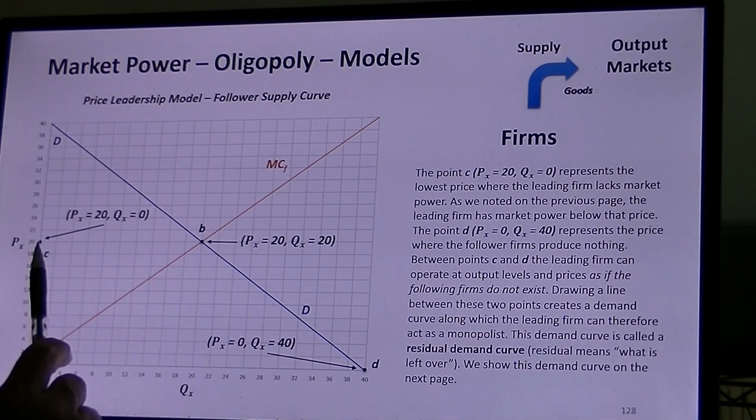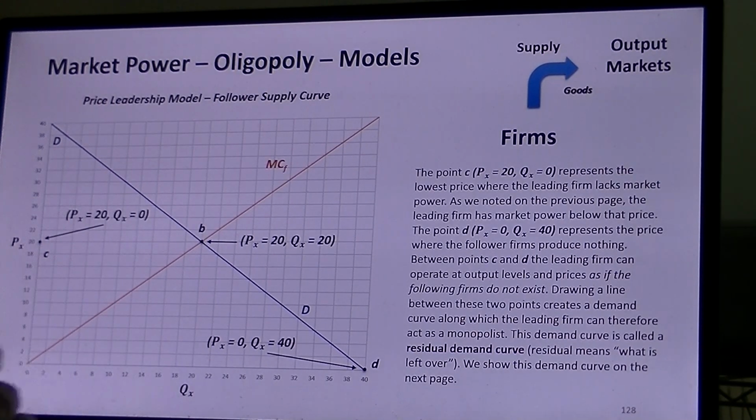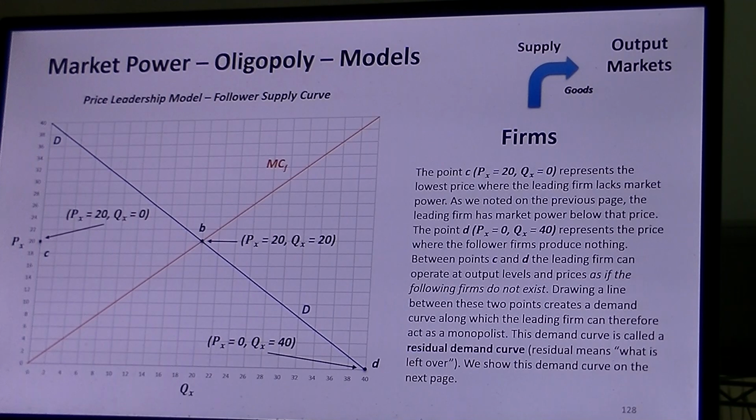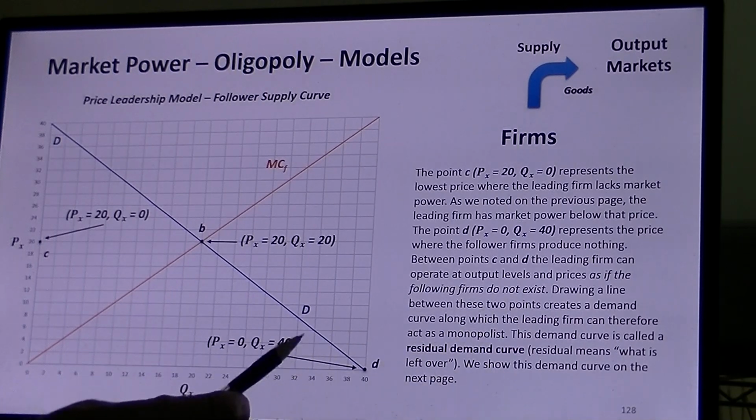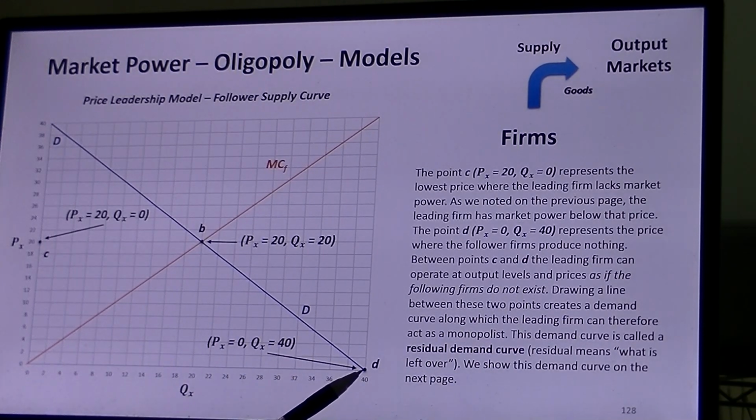So if it sets a price below that, it has market power. And now look at this price at 40. At a price of zero, the firm has complete market power.